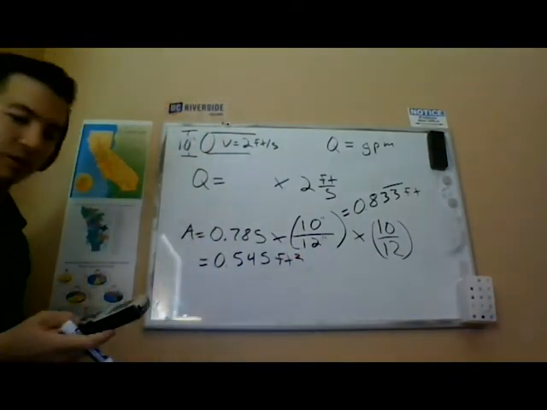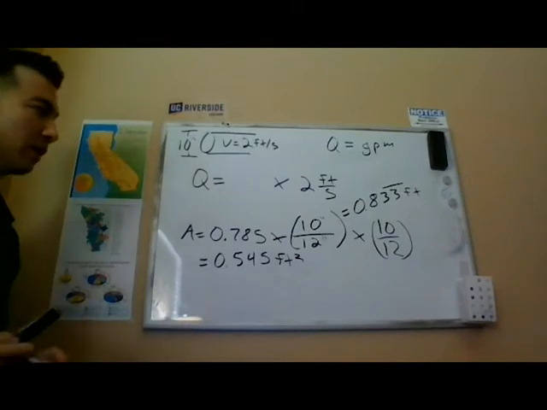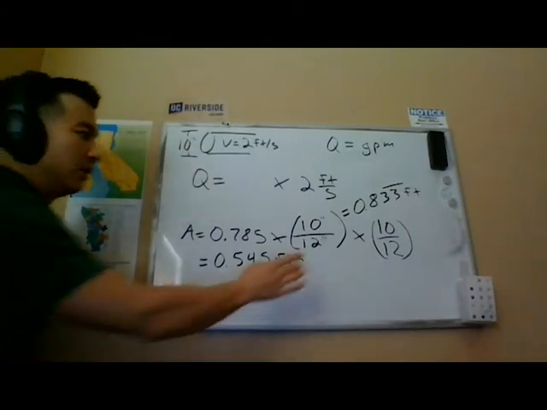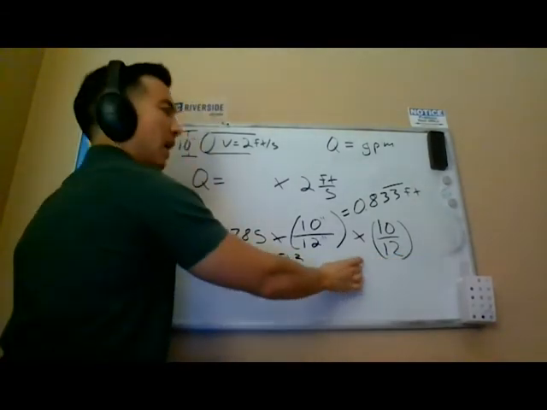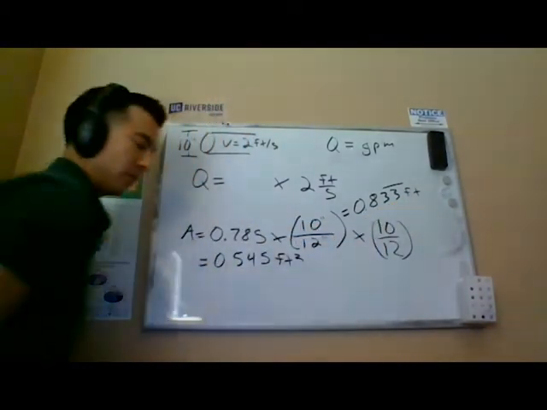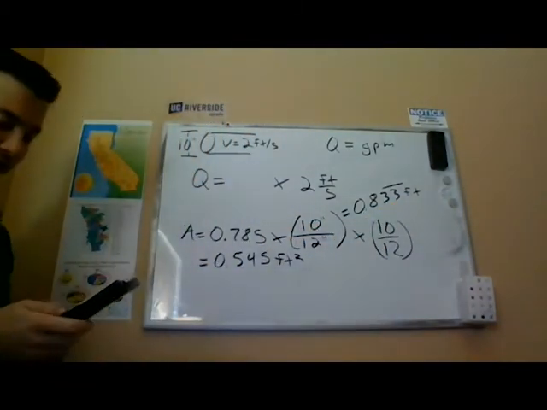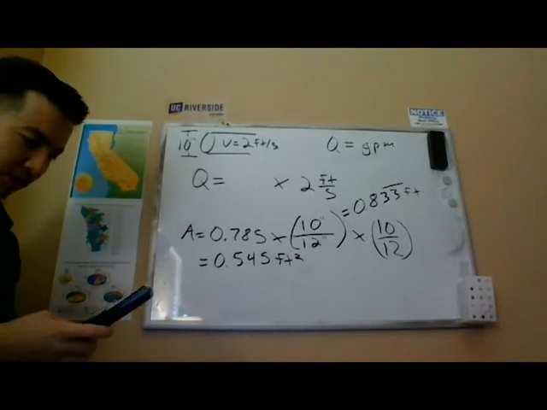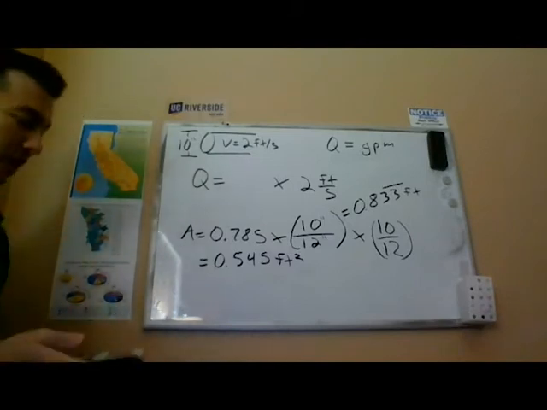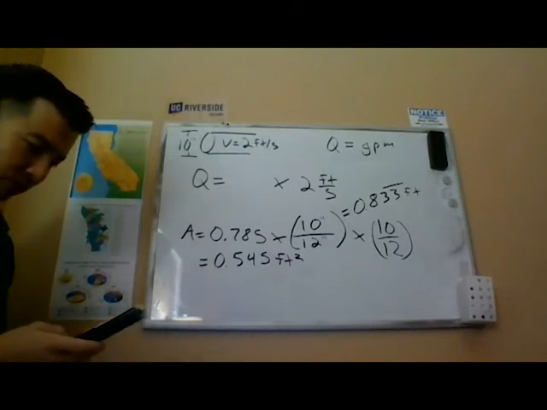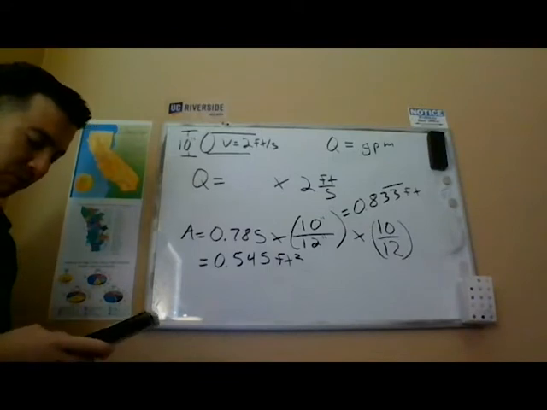Now, I just want to show you something else. If you're comfortable with your calculator, you can leave it in brackets so that it's more accurate and you're not rounding the 0.33, but you're going to see the answer is very similar. So 0.785 times, in brackets, 10 divided by 12, times, in brackets again, 10 divided by 12.